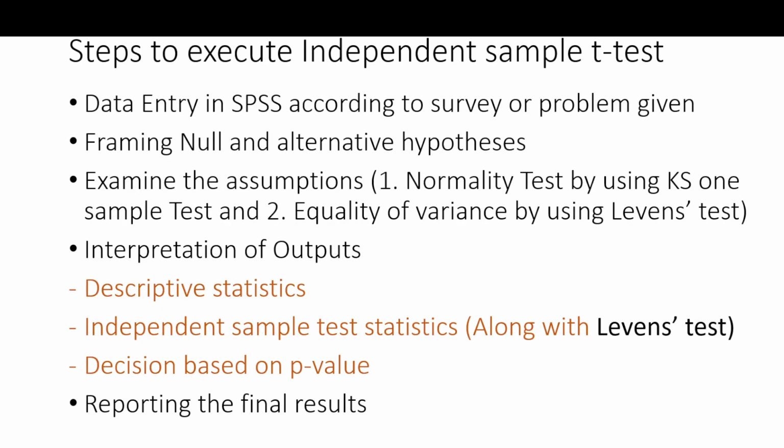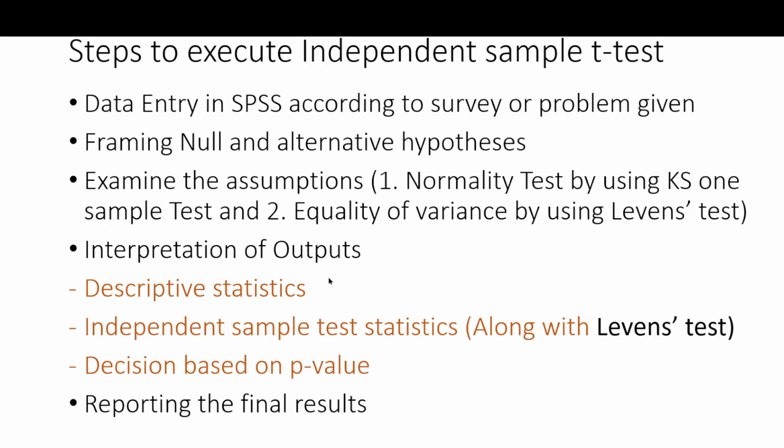Now, steps to execute independent sample t-test. First, you have to make data entry in SPSS according to the survey or problem given. Framing null and alternative hypothesis according to the problem statement. Examine the assumptions. The first assumption, you will check normality by using the KS one sample test. And second is equality of the variance by using Levene's test.